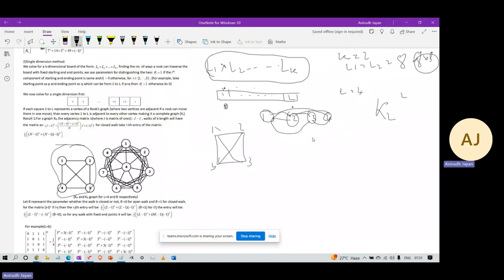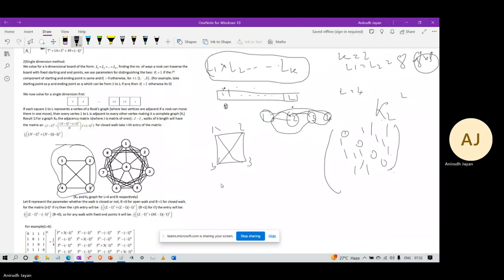Now a complete graph has an adjacency matrix of 1 everywhere except the diagonal. This matrix is symmetric.